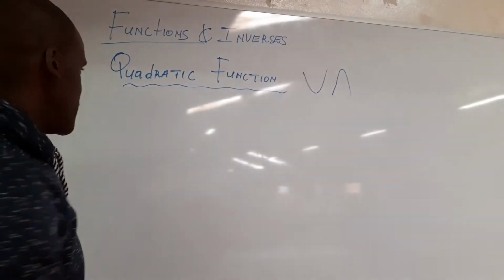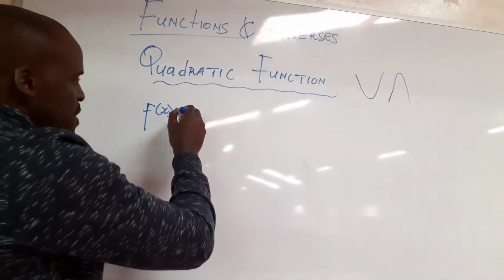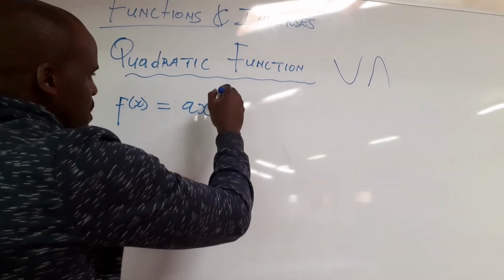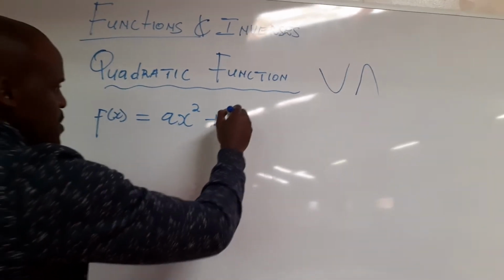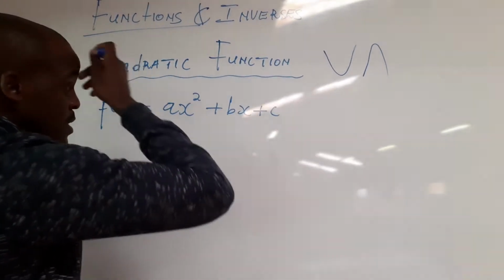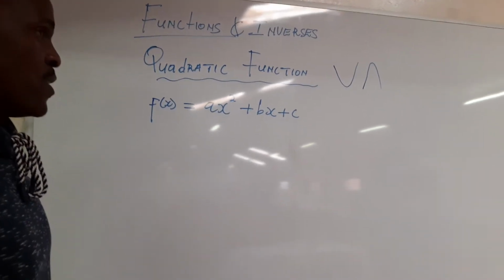It is given by this equation: f(x) = ax squared plus bx plus c.